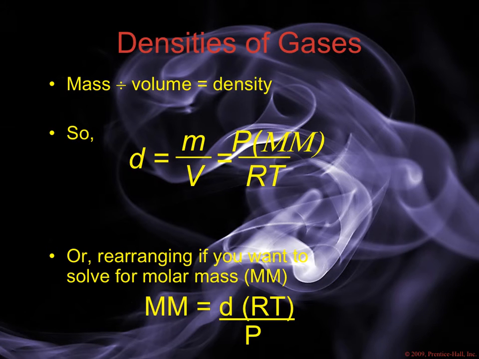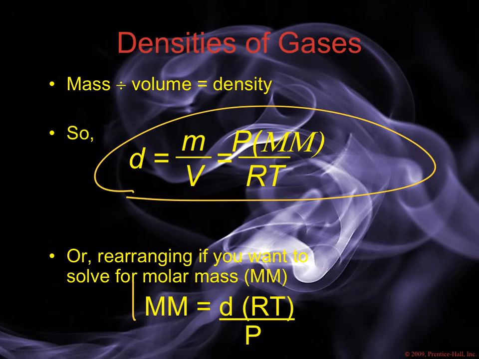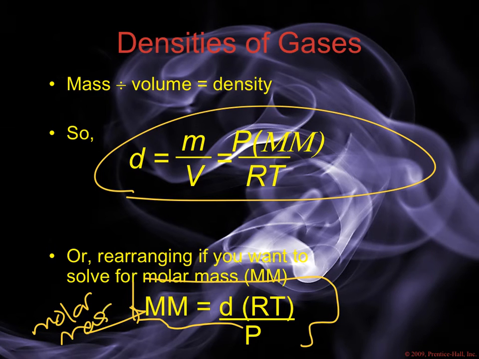And here we go. If we do the derivation that I just showed you on the previous page, which again I won't make you do, and we rearrange, we can solve for molar mass of any gas. It equals the density of that gas, so you need to know the density, times the gas constant times temperature in Kelvin divided by pressure.